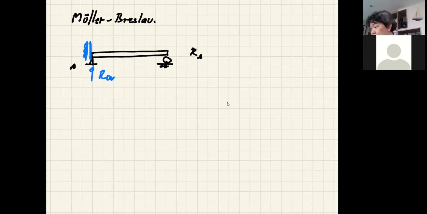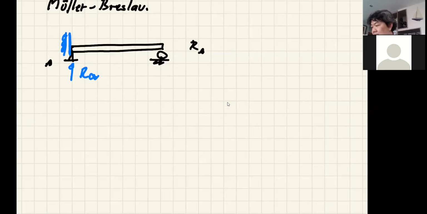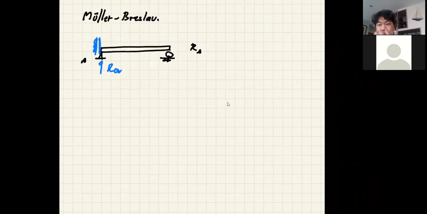Because we have a determinate structure now, if we remove one restraint it becomes somewhat unstable and the shape is straight like that. Your beam is going to go up like that under the influence of RA, if you don't restrain RA.